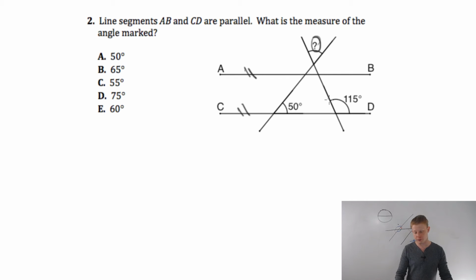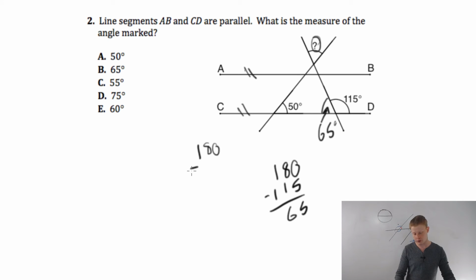So starting with the supplementary angle, well, okay, they add up to a straight line, so that's 180 degrees minus 115, that's 65. And again, mark things up as you go. So 50 plus 65, well, I need that third angle of that triangle.